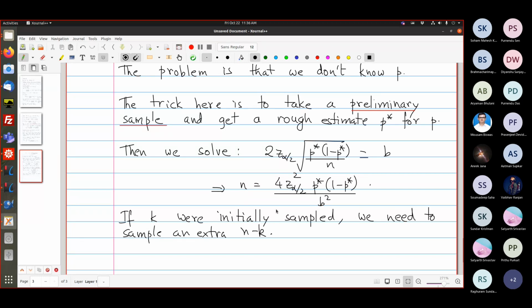Right? So you can include the preliminary sample in this. That's not wasted data because we are assuming IID, right? So that sample you should not throw away. The p hat that you will get will refine this p star. Okay.